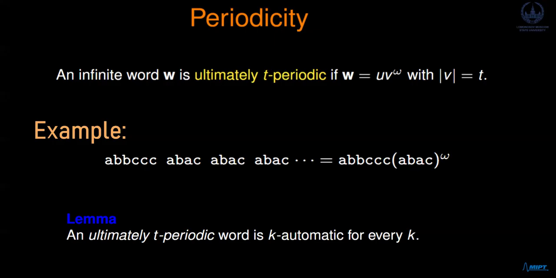Definition of ultimate periodicity: an infinite word w is said to be ultimately T-periodic if it can be expressed in the form w = u v^ω, where u is a finite prefix, v is a block of length T, and v^ω represents the infinite repetition of the block v.